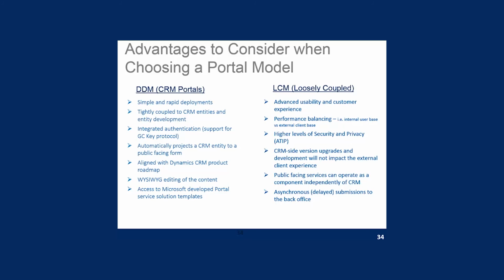In a LCM, or loosely coupled model, you can still have a subset of features working even without the backend. And then there are also synchronous or delayed submissions to the back office. As Eric pointed out, when we want to queue submissions at times when there is a high number of users on the front end, it's also much easier to do with the loosely coupled model.